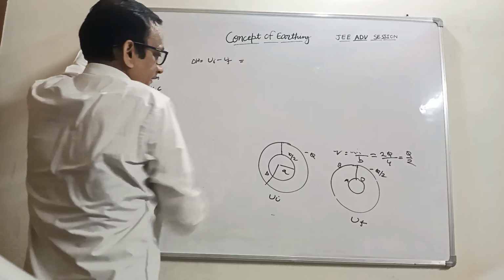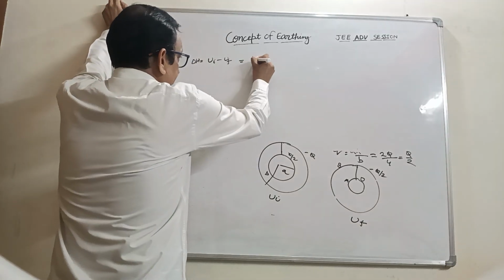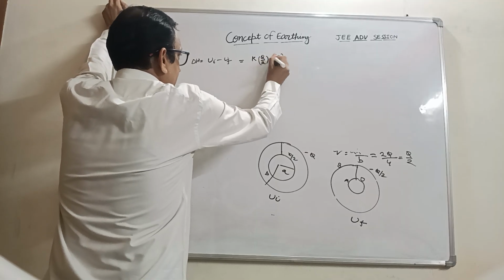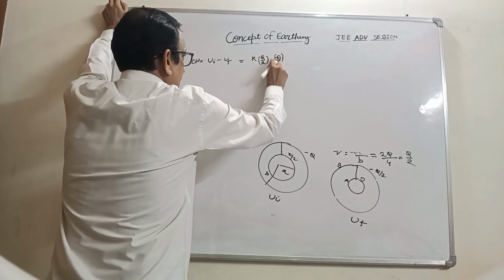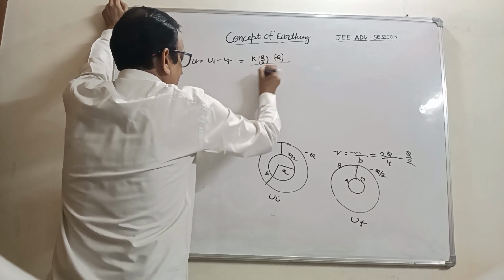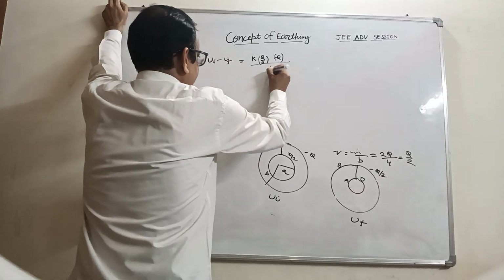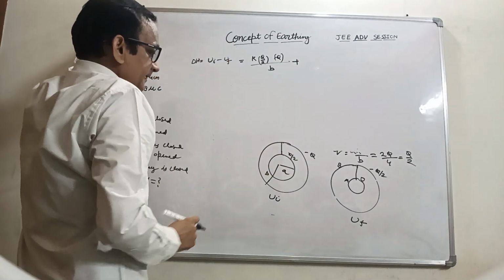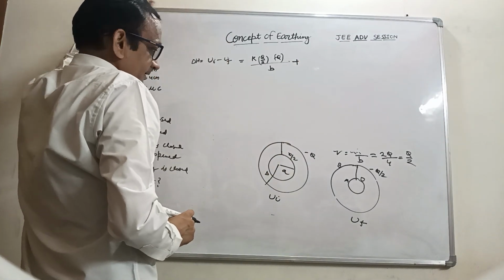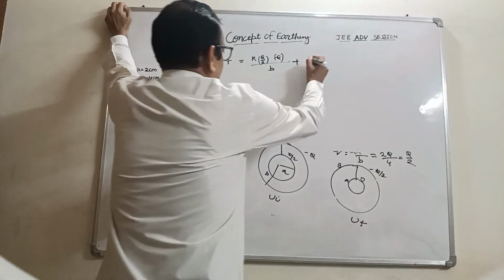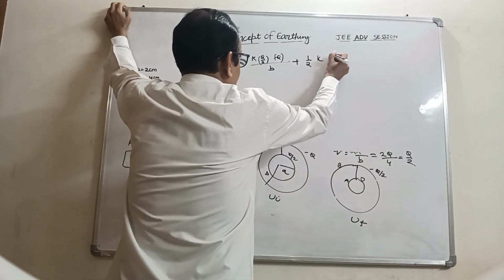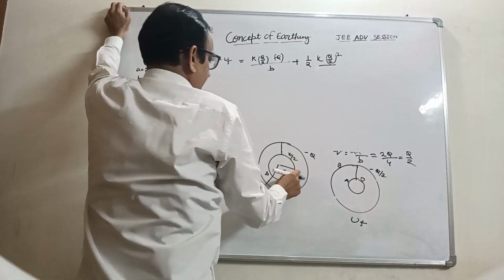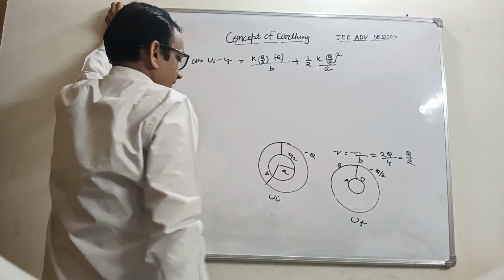That would be, potential energy would be k q by 2 into minus q upon b, that is k q1 q2 by b, plus the self energy of the inner shell.